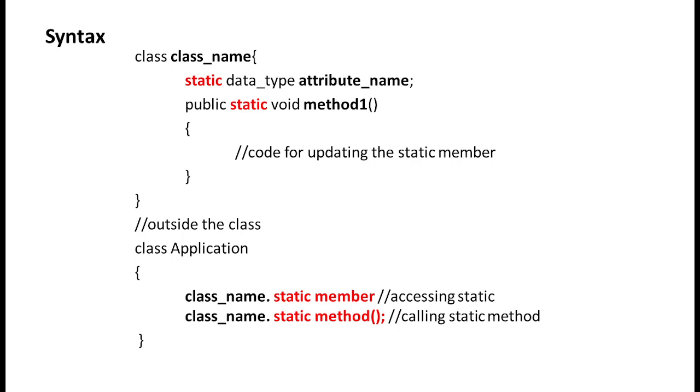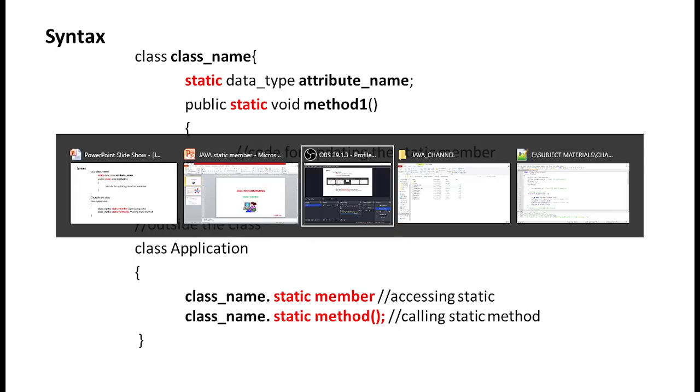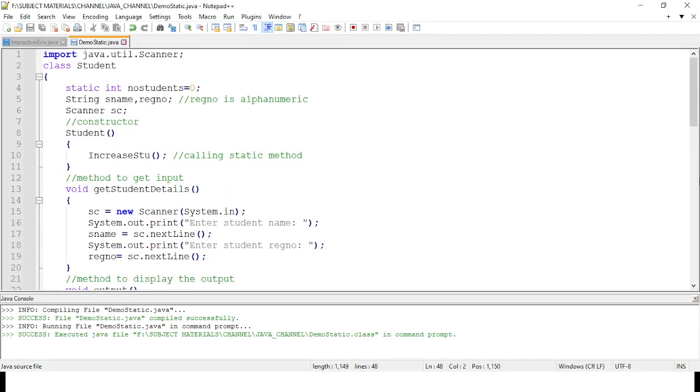I have made a simple example to understand this concept. Here you can see I have made a class called Student, and we can create student objects, and objects can have properties like student name and register number.